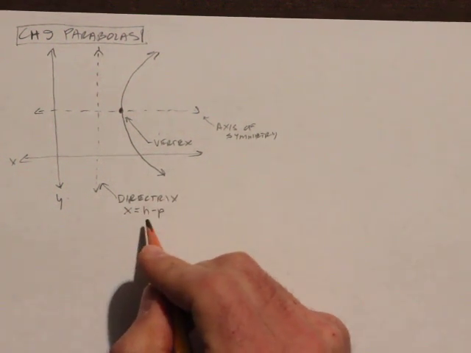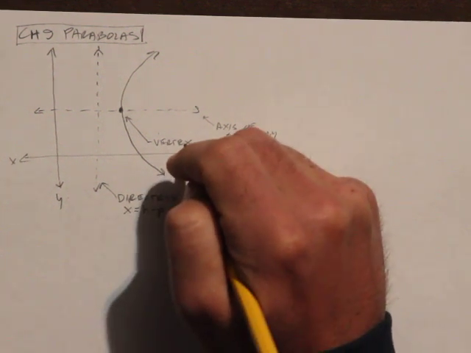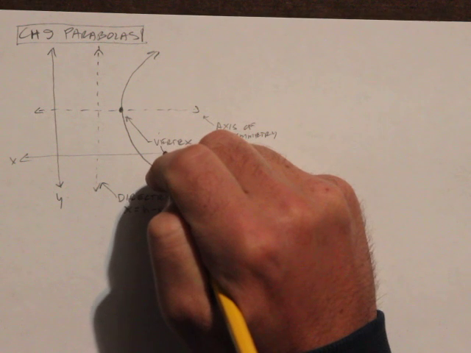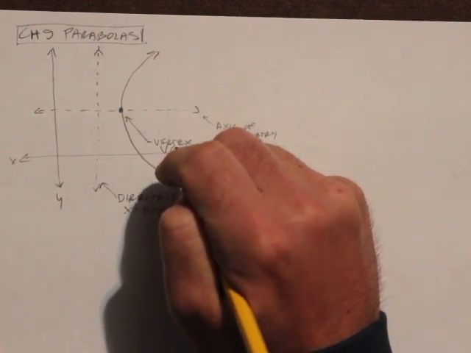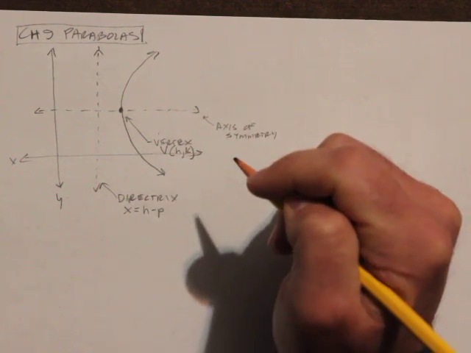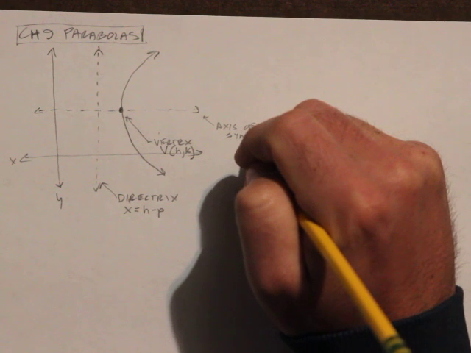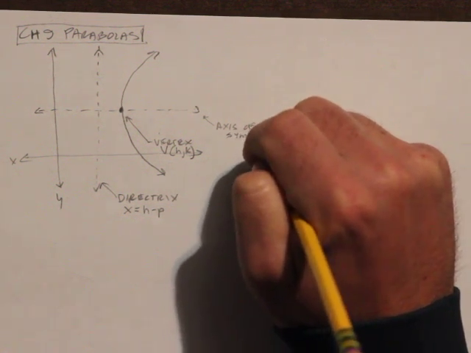We're going to learn what that means in a minute. Your vertex is V, which is (h, k), and we'll learn what h, k is too. Your axis of symmetry is y equals k.